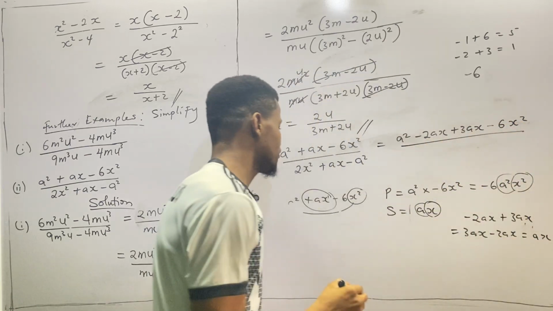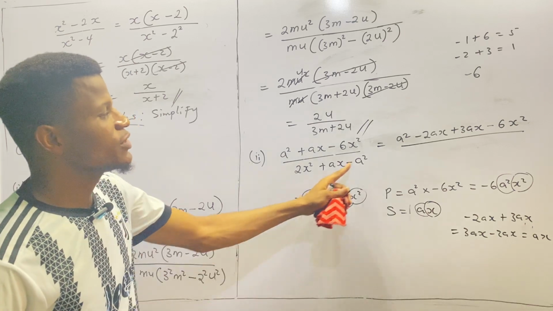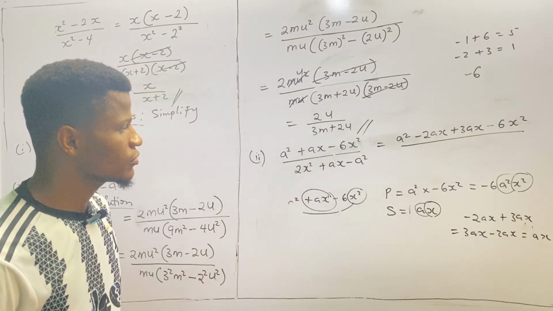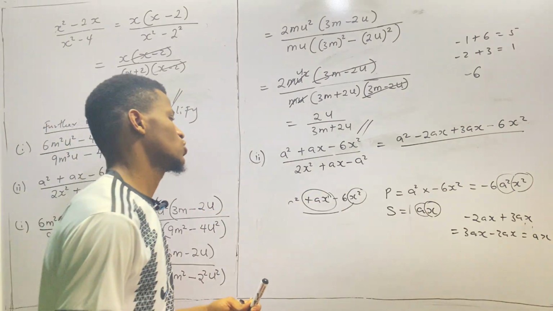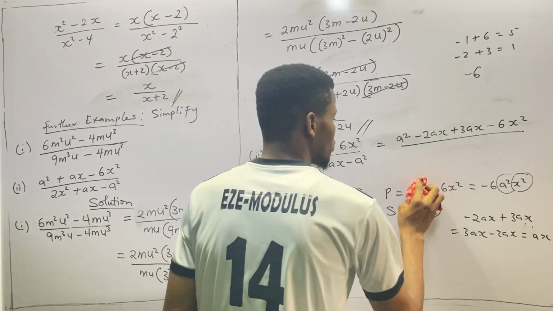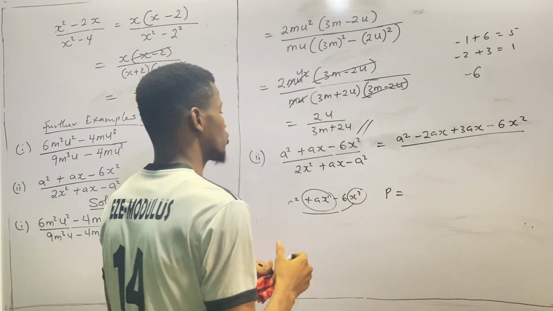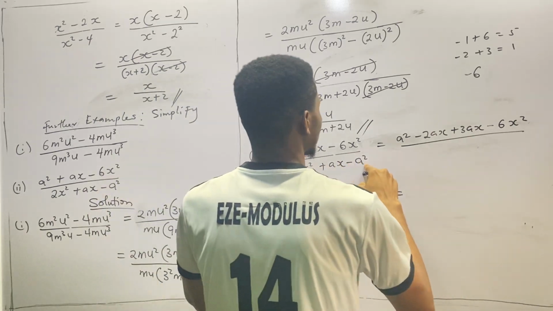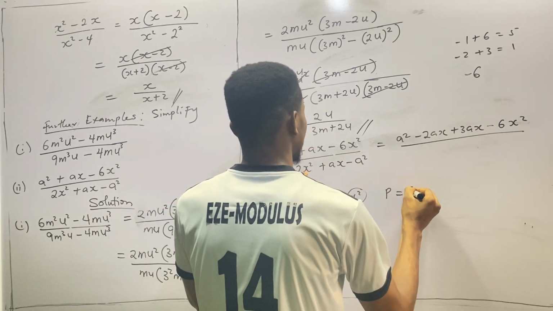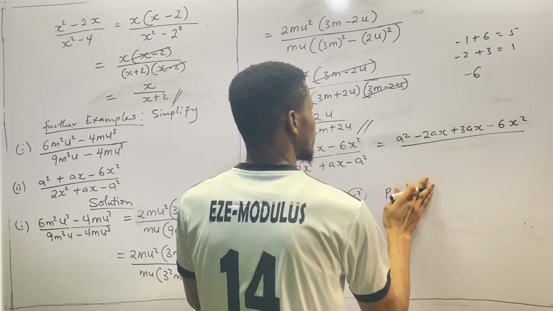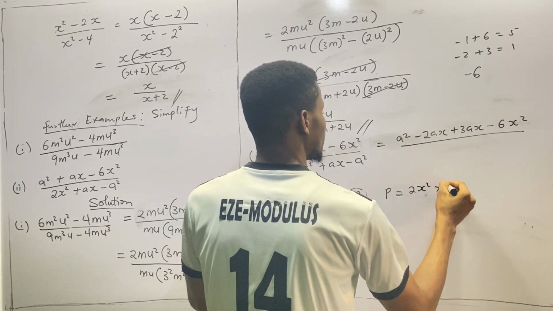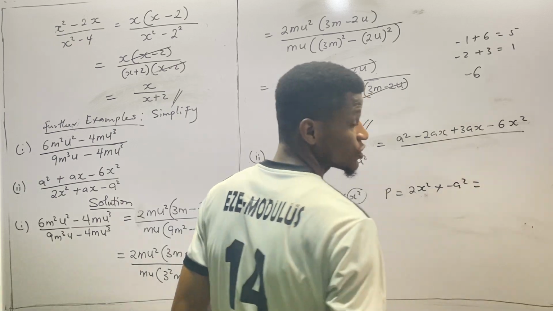And all over, we'll do the same here. If we do the same here, our product will be 2s squared times minus as squared, sorry.